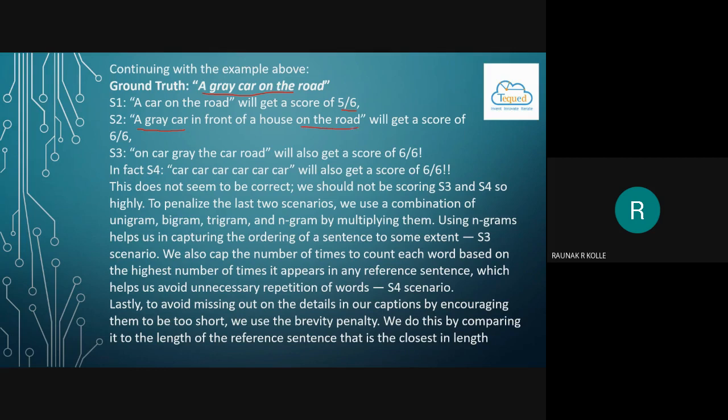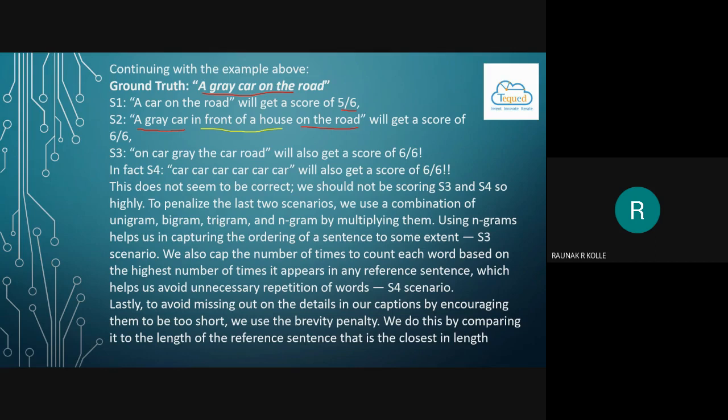Notice how some extra elements, that is a description of where the car is, in front of the house, is also mentioned here. But since all the necessary points are covered, it scores 6 out of 6.